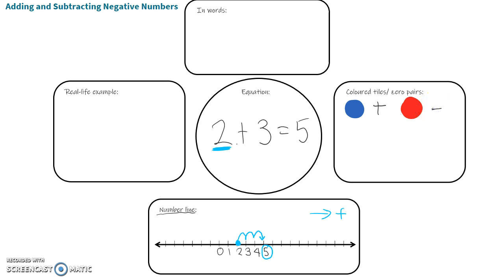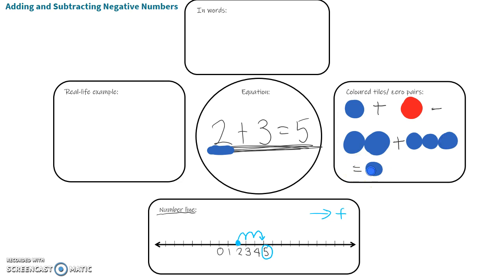Now in this problem, we aren't dealing with any negatives, so I'm just going to start off with 2, because I've got 2 here. Then I'm going to add 3, 1, 2, 3, and that gives me a total of 5. Pretty straightforward.